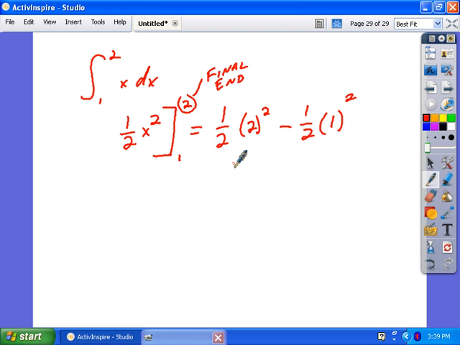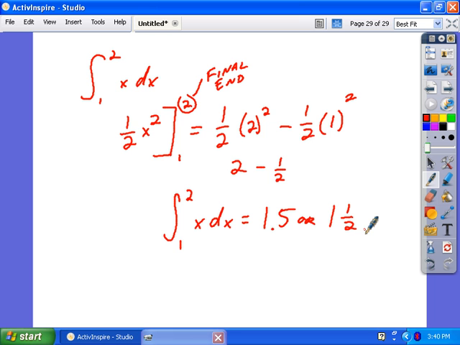Half of 4 is 2. Minus 1 squared is 1. Half of 1 is 1/2. So, one and a half is it. I'm just taking each endpoint and putting it together. We are not splitting the atom here.